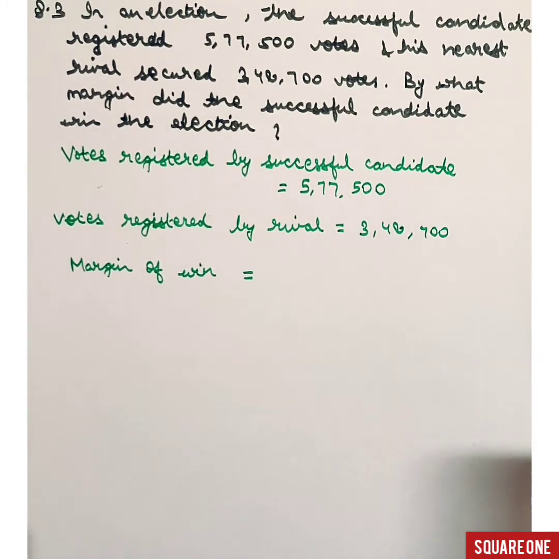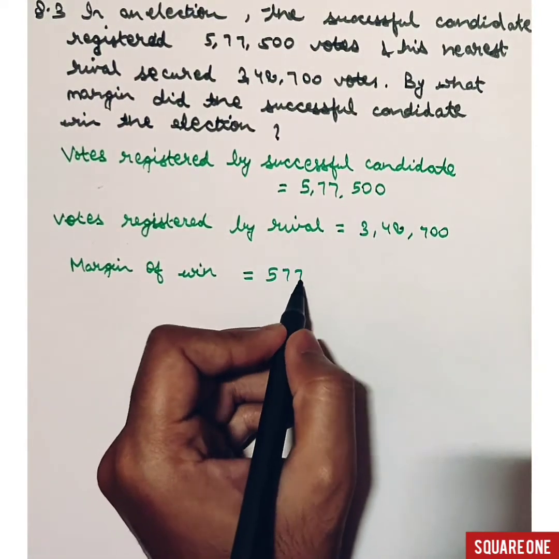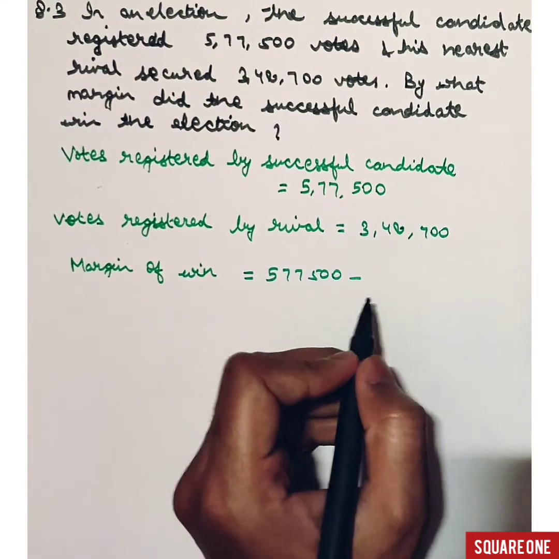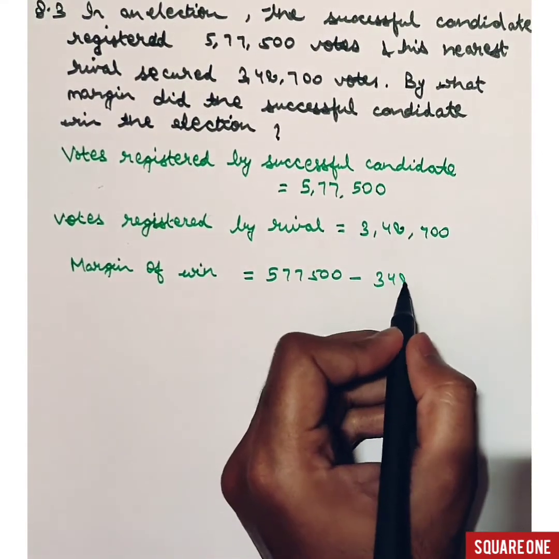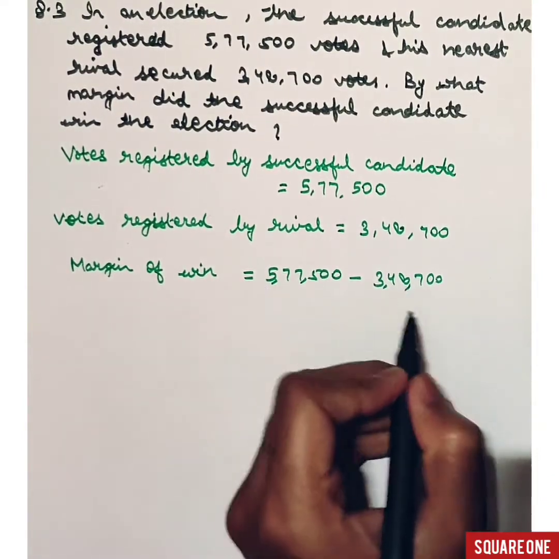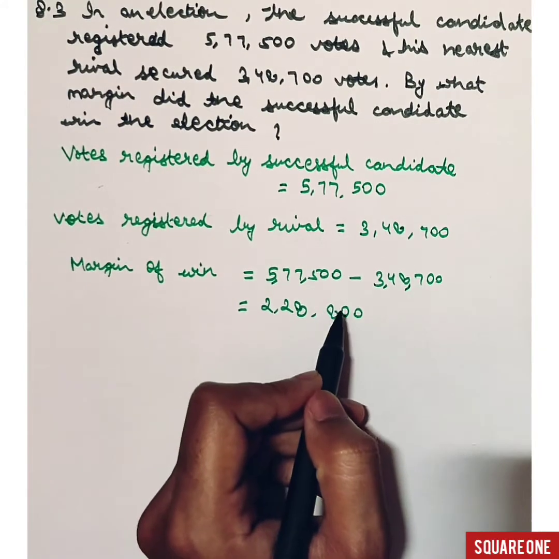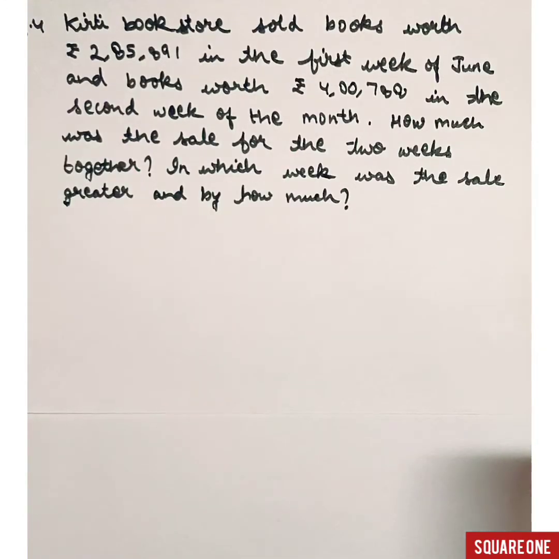Now we have to find out the margin of win. Okay, by how much margin did he win? So we have to find out the difference between 5,77,500 and 3,48,700. We have to find out the difference between these two numbers, which is 2,28,800.